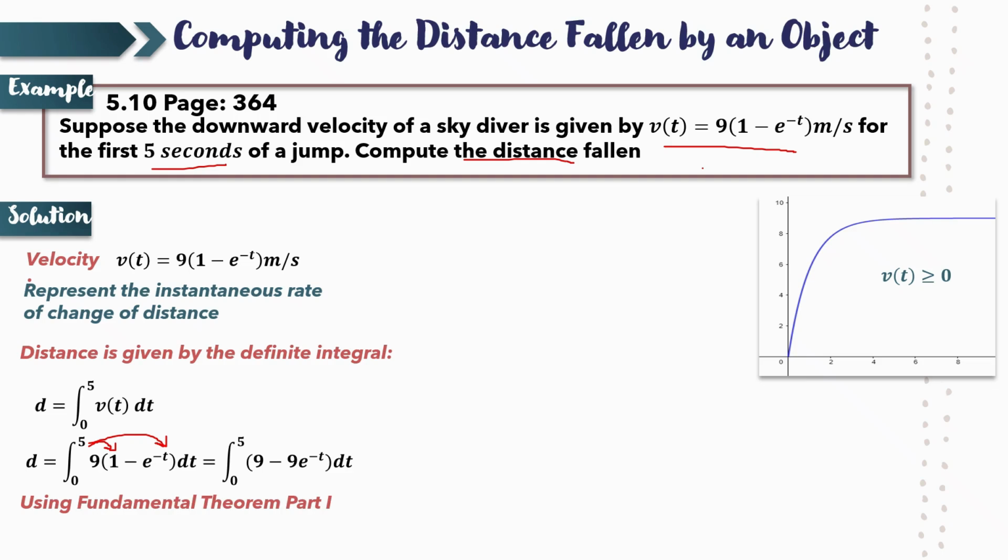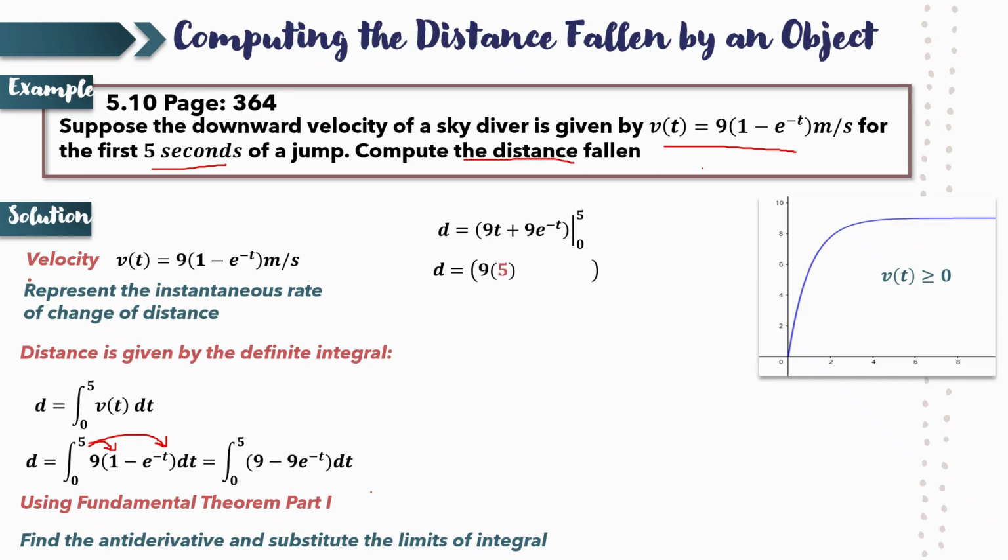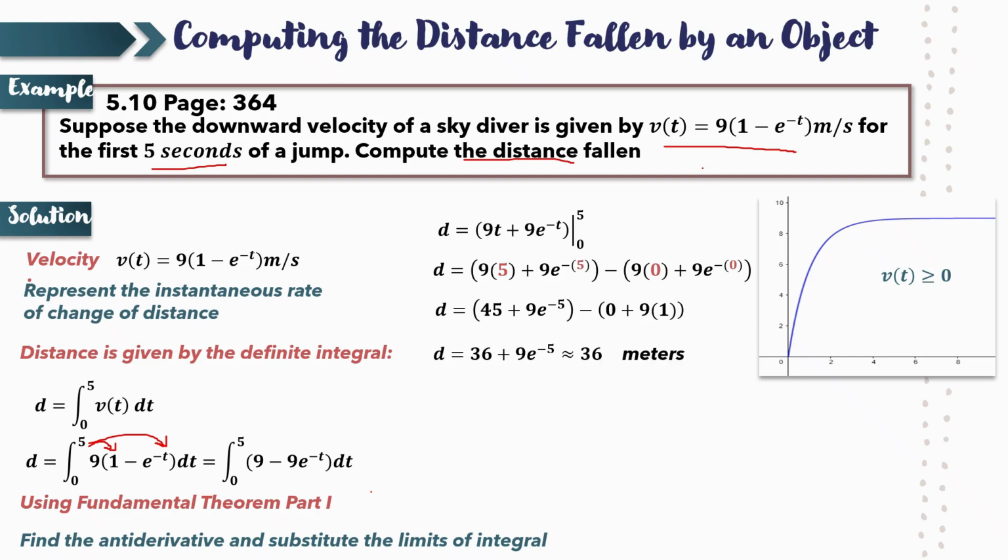The integral of 9 dt is 9t, minus 9 e to the power negative t, with a negative sign outside. After finding the antiderivative, proceed with substituting the upper limit and the lower limit. Now here we go with the answer, 36 meters.